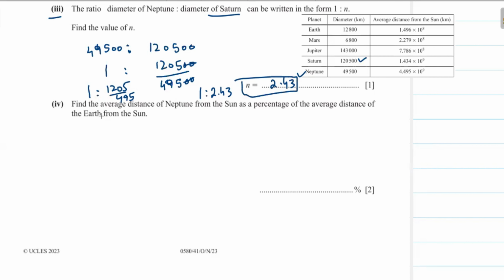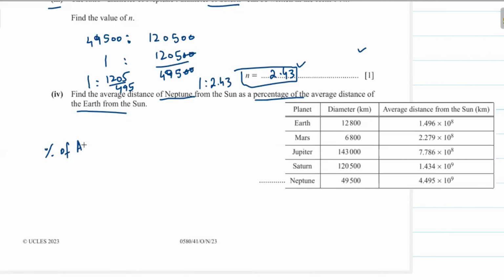This is the answer. Find the average distance of Neptune from the Sun as a percentage of the average distance of the Earth from the Sun. Percentage of average distance of Neptune from the Sun is equal to the average distance of Neptune from the Sun divided by the average distance of the Earth from the Sun, multiplied by 100.